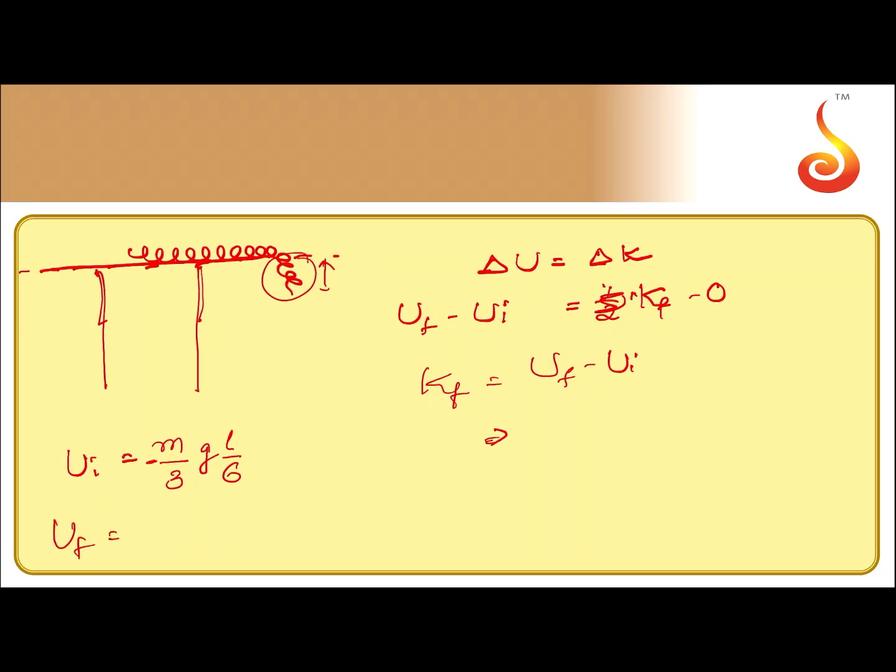Final potential energy: the entire mass comes down, at a distance of L by 2 down. So the kinetic energy finally is equal to UF, that is minus mgL by 2.